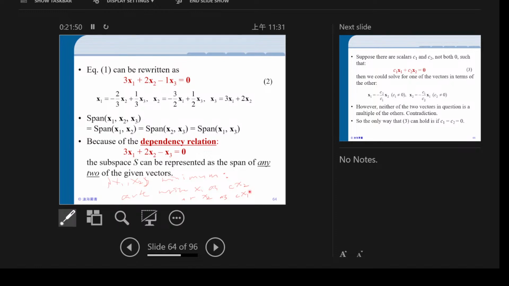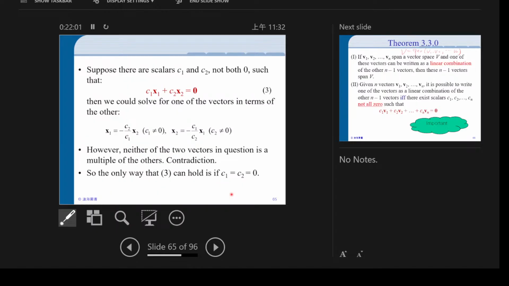So wherever you have a linear combination of x1 and x2, you cannot write the x1 part as x2 or the x2 part as x1. So it's this equation here, this writing here. So we already have this is minimal.